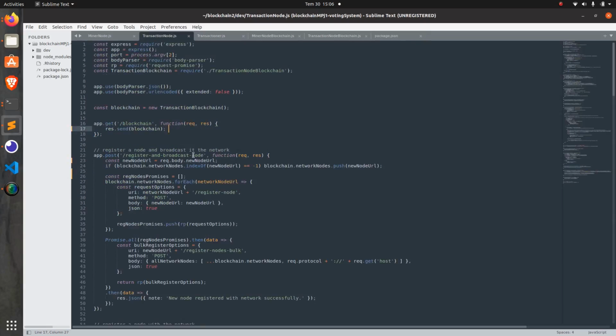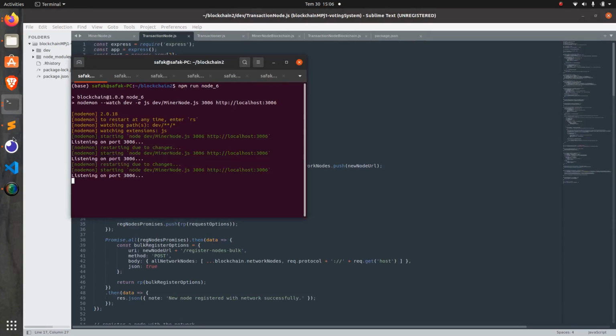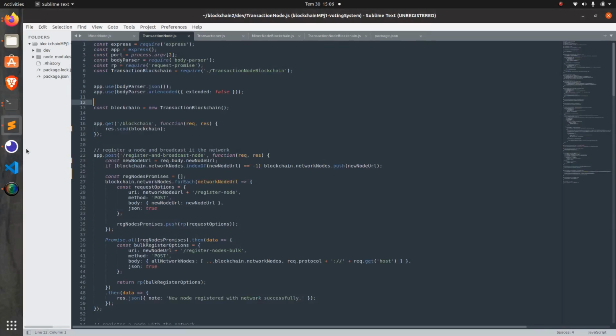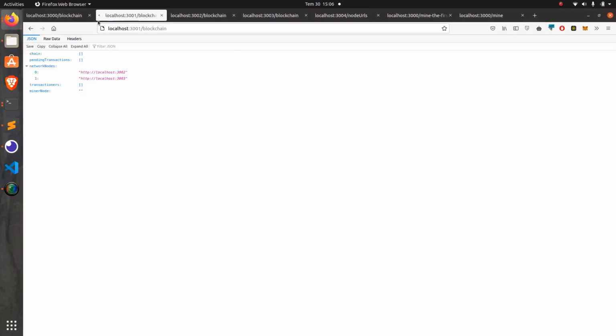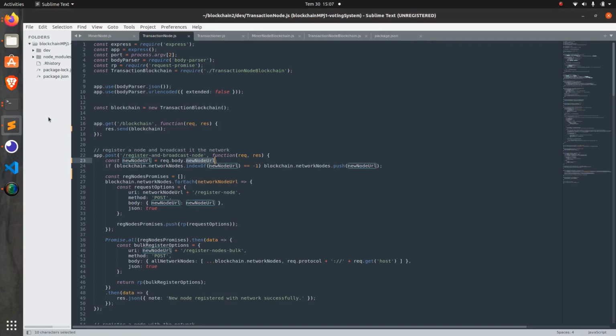Now firstly I am binding every transaction node with each other at subnetworks. Now what just happened? Yes, at the subnetwork the transaction nodes are now connected, but for example the other subnetwork is not connected for now.